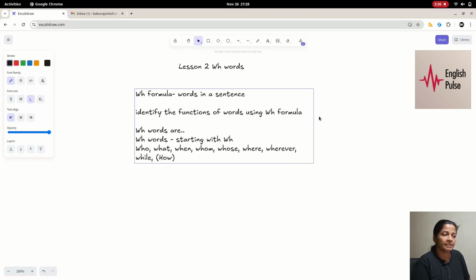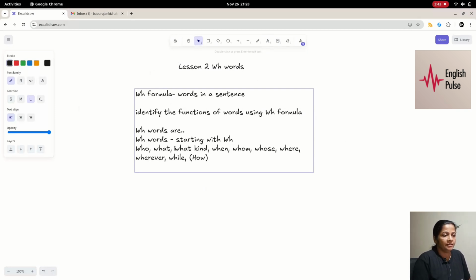Although it starts with H, we categorize how in the WH words.